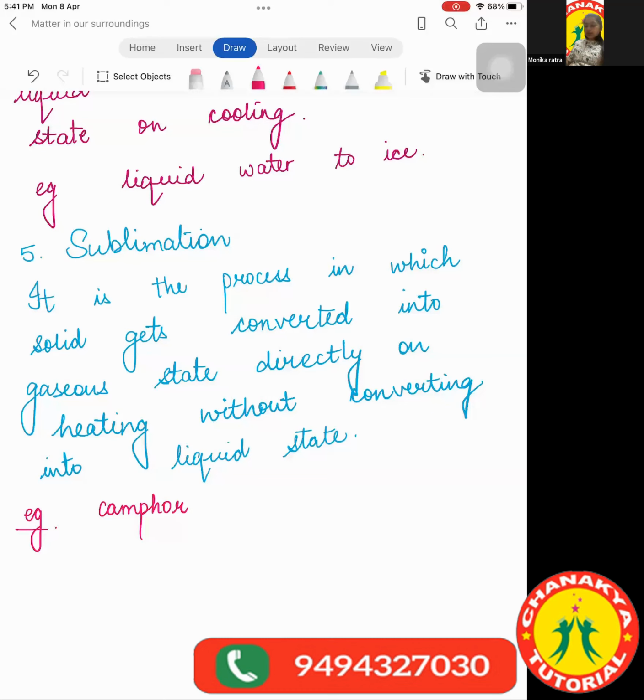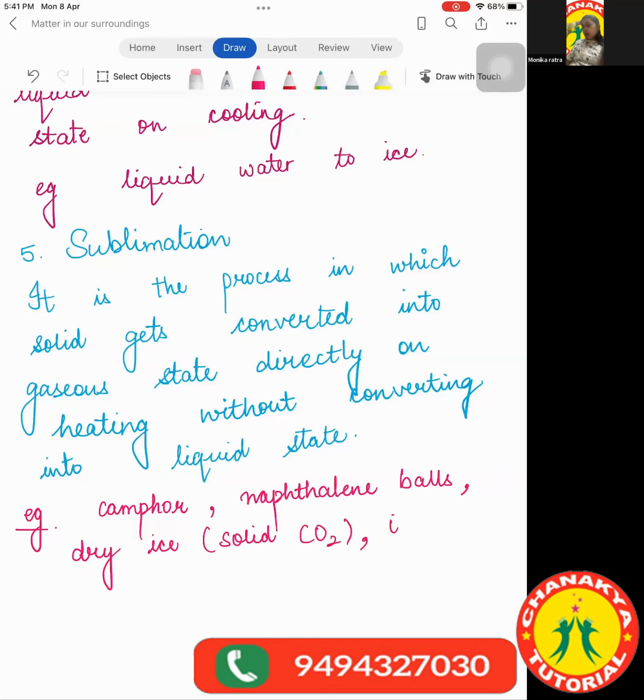One example Sampath has already mentioned, camphor. Other example is naphthalene. Naphthalene balls are those balls which we keep in the clothes during the winter season to prevent them from the moth. Then is dry ice, means solid carbon dioxide.